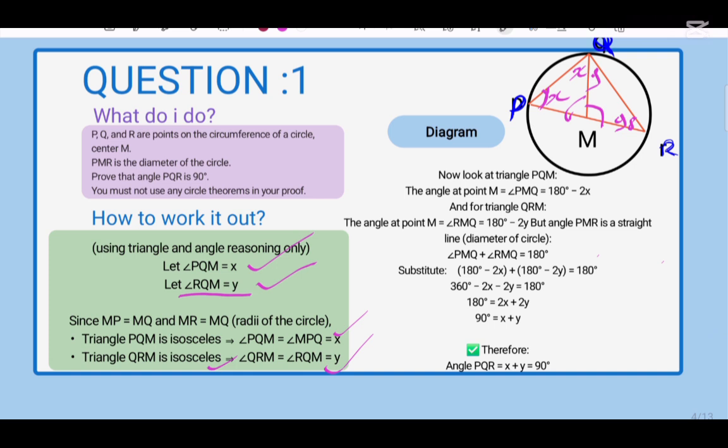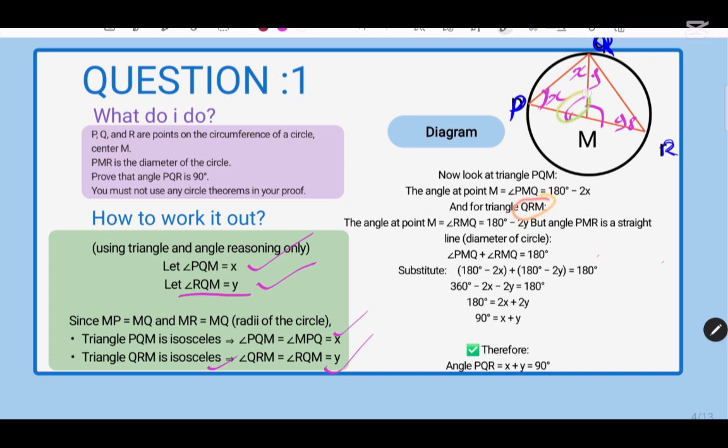We will now consider the line PMR, which is a straight line, and that means the angle at the midpoint is equal to 180. The total angle at this place is 180 because it's an angle on a straight line. So that 180 is equal to PMQ, which is 180 minus 2x, plus QRM.